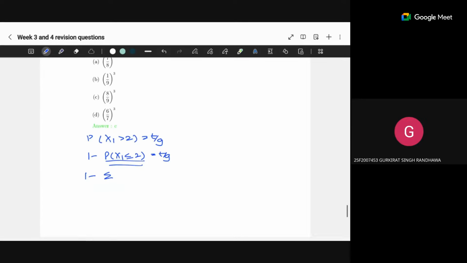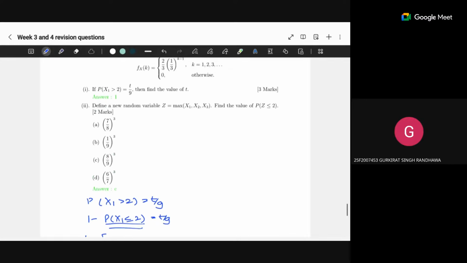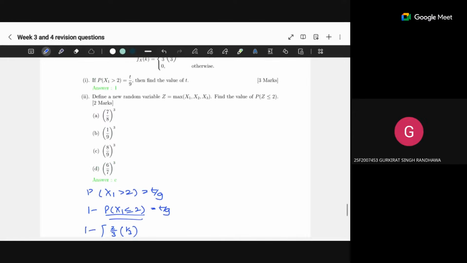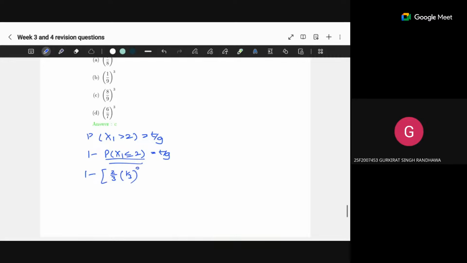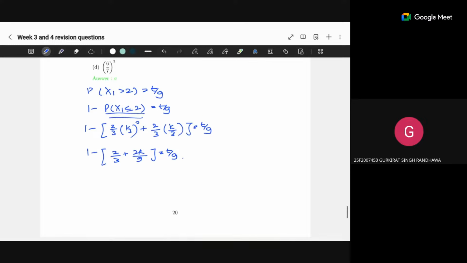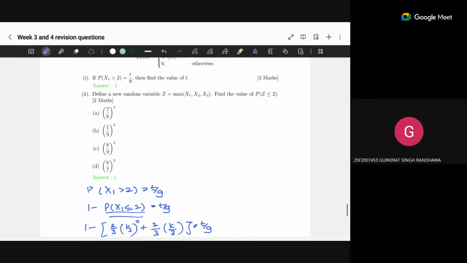So for x equal to 1 it is 2 by 3, and for x equal to 2 it is k by 3. So this is 1 minus (2 by 3 plus 2k by 9) equals 2 by 9. Now can you solve this and tell me the value of t? You need to find out the value of t, no?